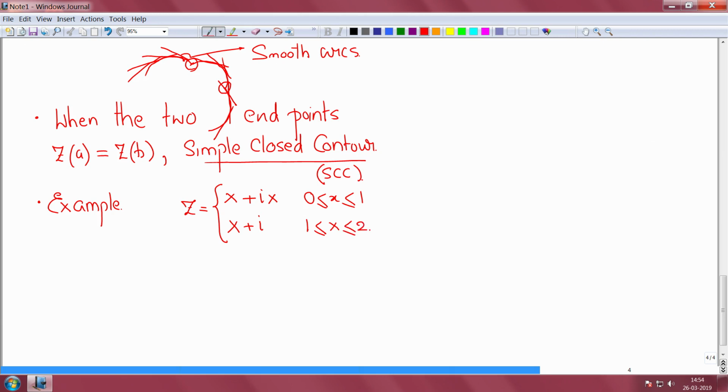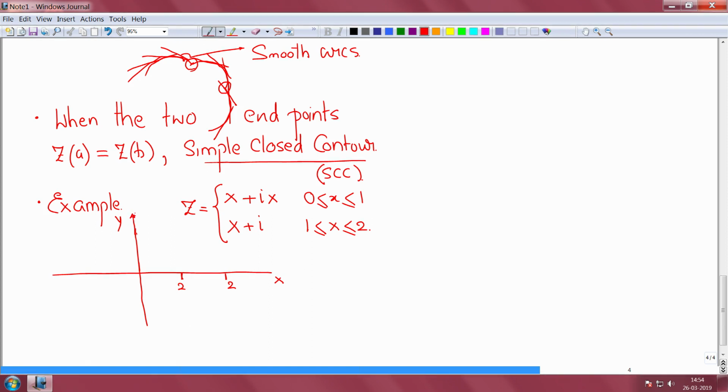How does this look in the complex plane? I have 1 here, 2 here, this is the real axis, and this is the imaginary axis.